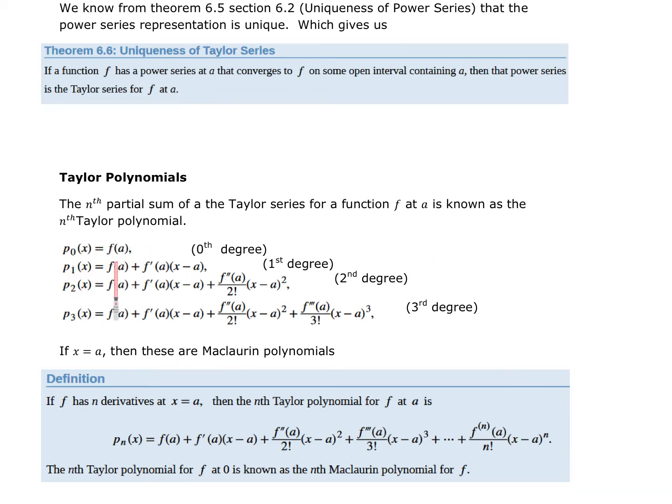So p naught, where we have f of a, this is the 0 degree. P1, I do the first two terms of the Taylor series, which is f of a plus f prime of a times x minus a. Then p2, p3, and etc. If a equals 0, then I have the Maclaurin series, the Maclaurin polynomial.